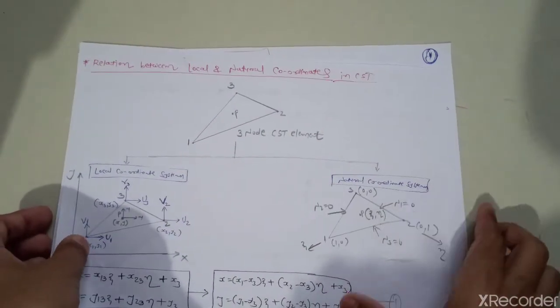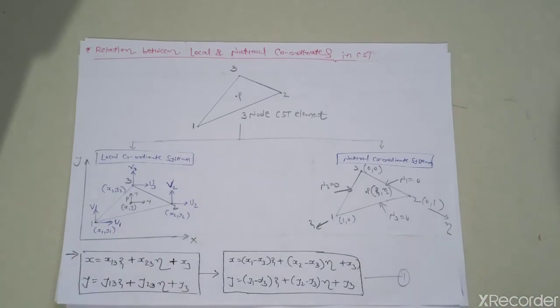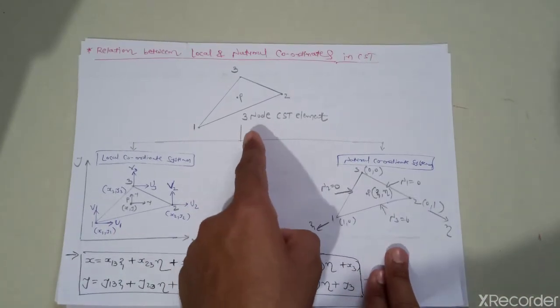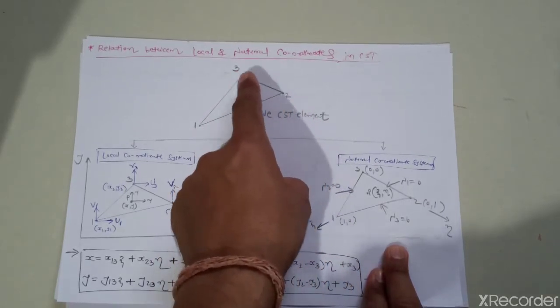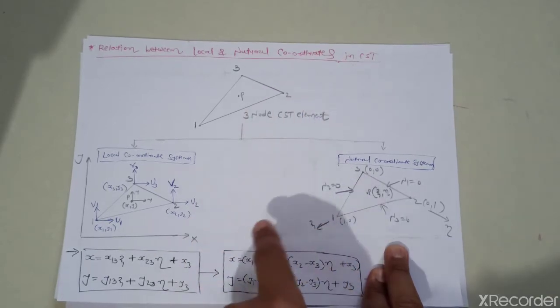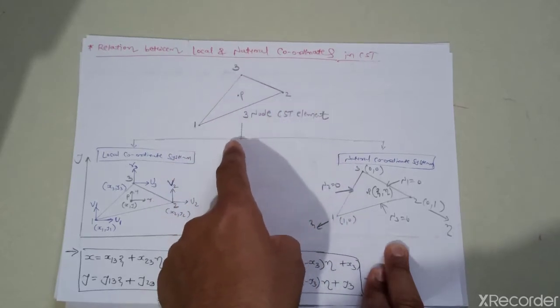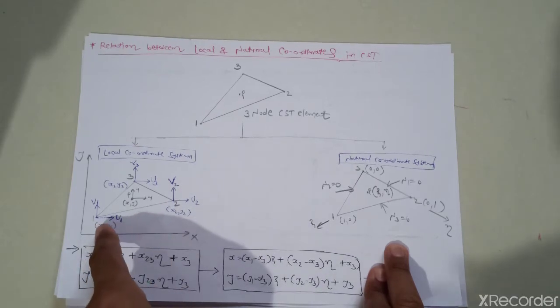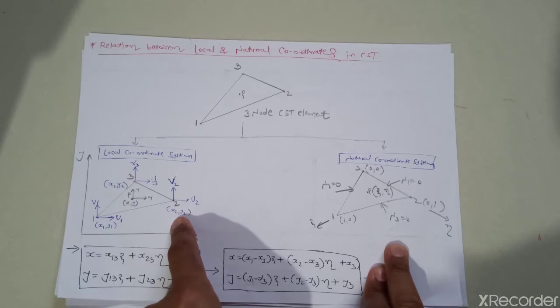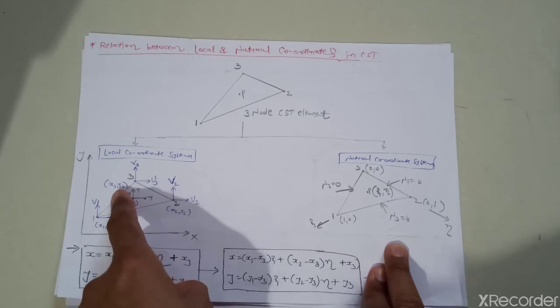Now we discuss the relation between local and natural coordinates in CST. So here we have a three-node CST element. Three nodes means 1, 2, 3, and P is inside the triangular element. If we represent this element in the local coordinate system, then point 1 is represented by x1, y1, point 2 by x2, y2, and point 3 by x3, y3.